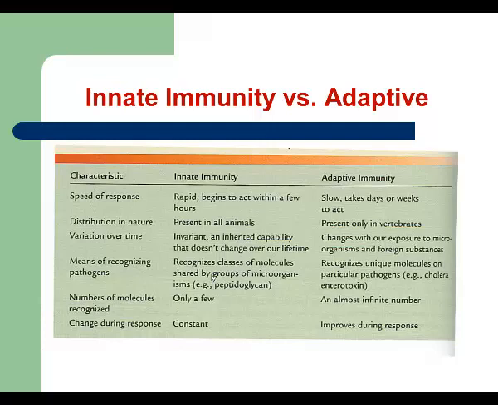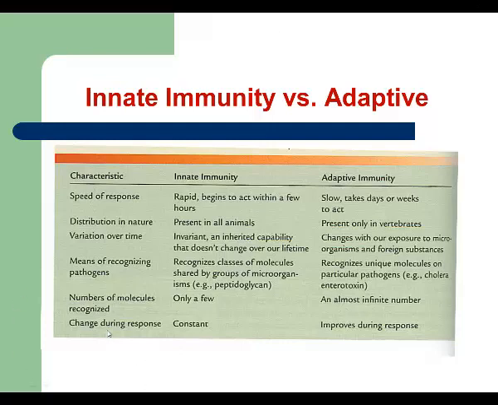Adaptive immunity recognizes unique or specific molecules. It means it can recognize each strain of a certain bacterial species. As for the number of molecules recognized, only a few common molecules for innate immunity, and the number of antigens that our adaptive immunity recognizes during our life cannot even be calculated.